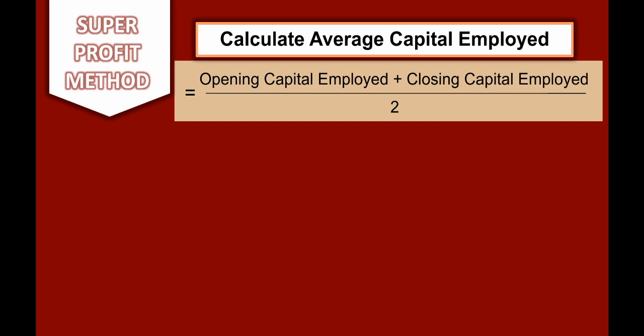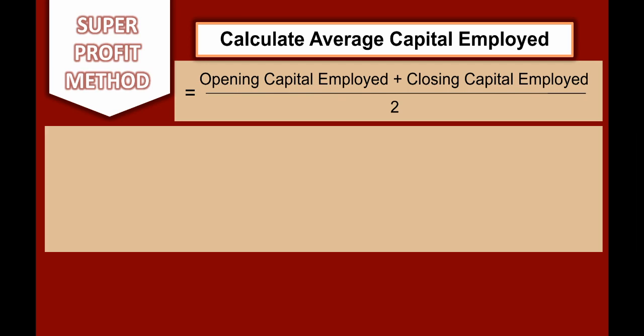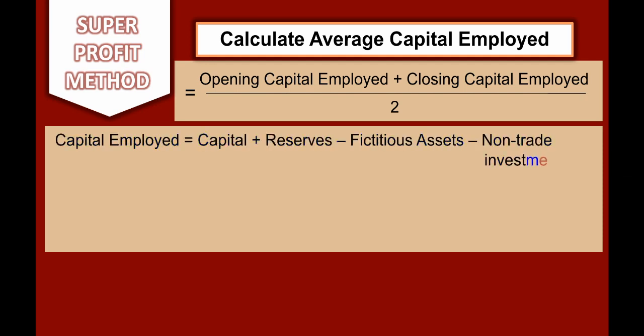Now, how to calculate capital employed? For calculating capital employed, we have two methods, that is liability approach and asset approach. According to liability approach, calculation of capital employed is capital plus reserves minus fictitious assets minus non-trade investments.